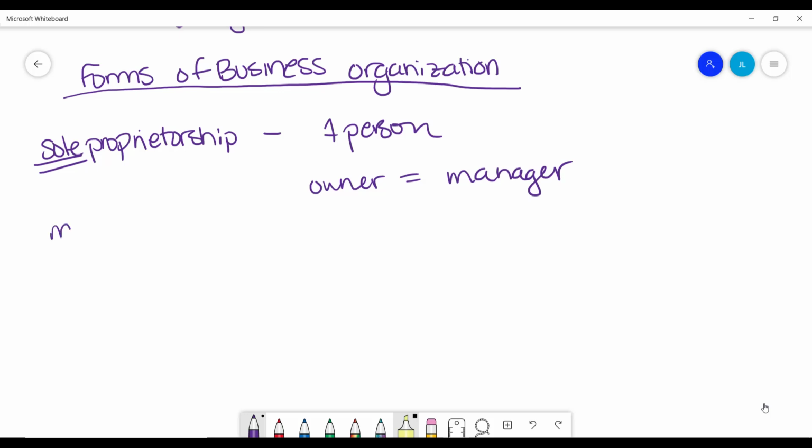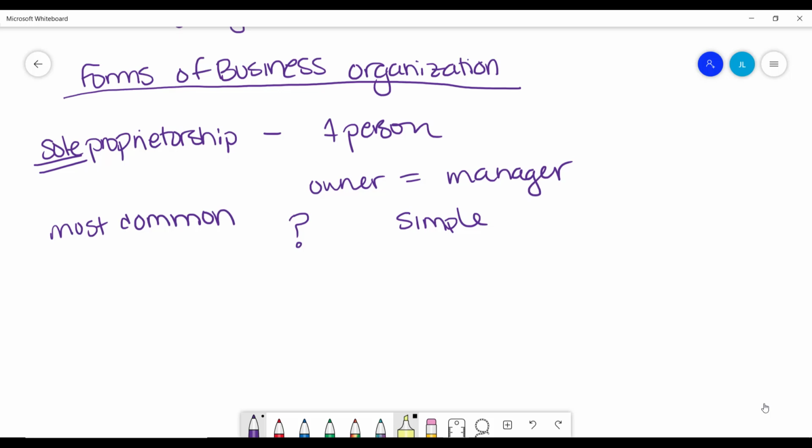This is in our economy at least, the most common form of business organization. And why do you think it might be the most common? Because it's the simplest to set up, right? All you need really is a business license that you get at the county office, and you can go ahead with organizing your business.